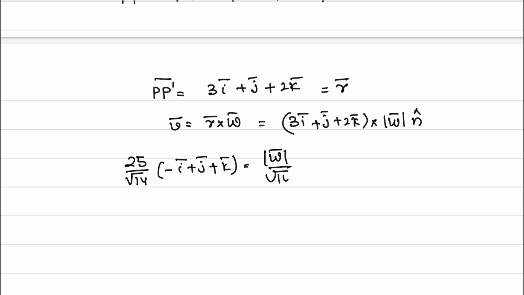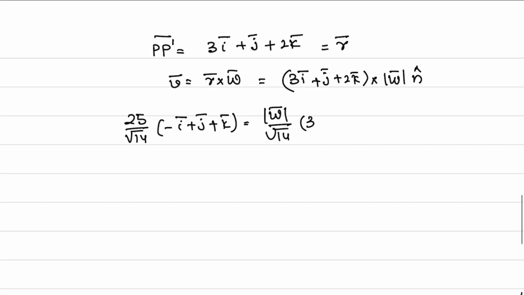Square root of 3i plus j plus 2k cross unit vector 2i minus j plus 3k.